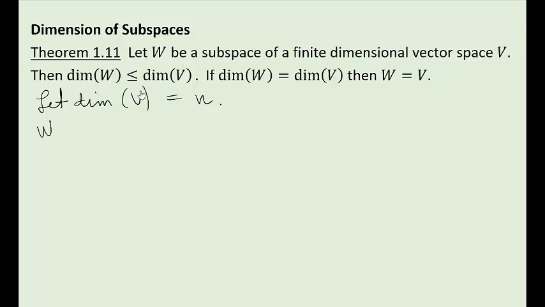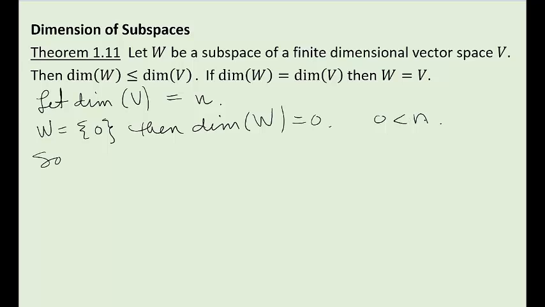Now if W is equal to the trivial subspace, then the dimension of W is equal to 0, and of course 0 is less than n.